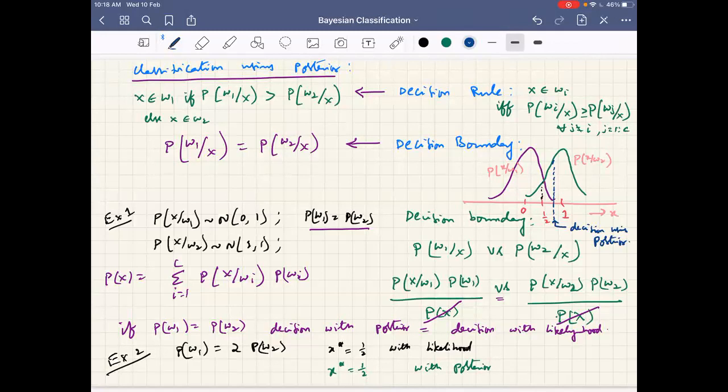That prior probability says it is more probable that the samples are from the omega 1 class, and hence I will tend to classify more samples to omega 1 than what I would have done before. So plus epsilon, this positive quantity. Is this fine?